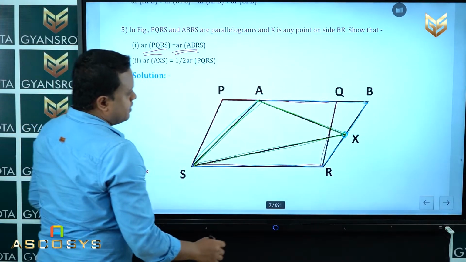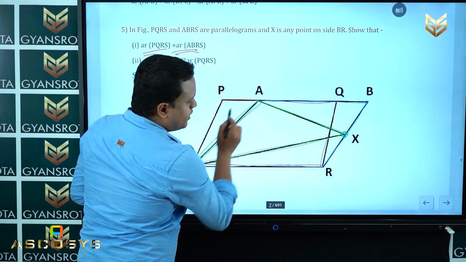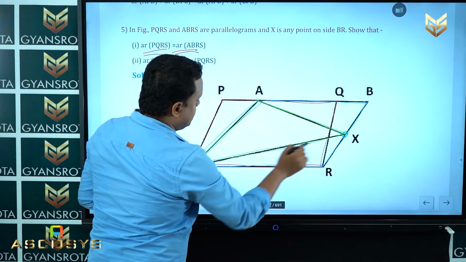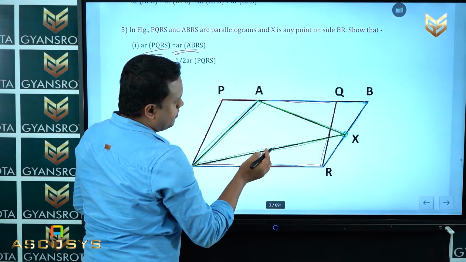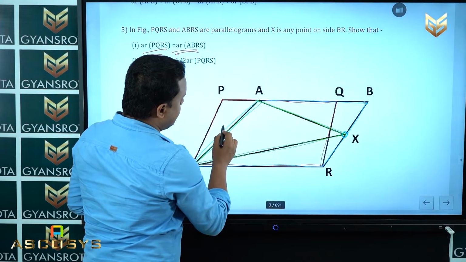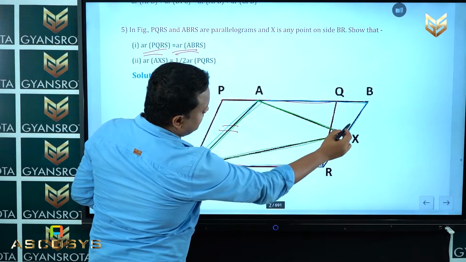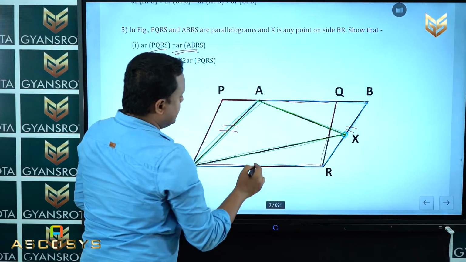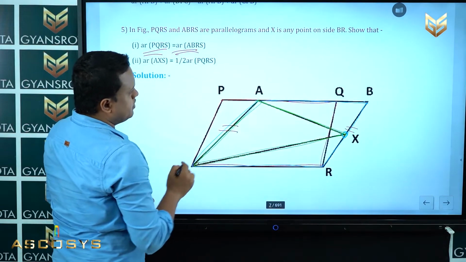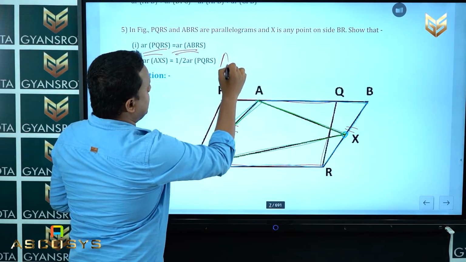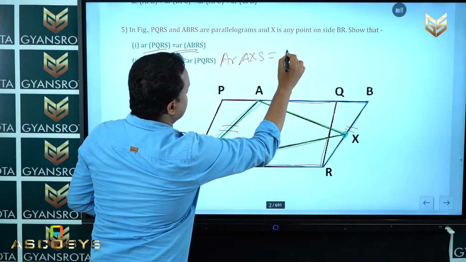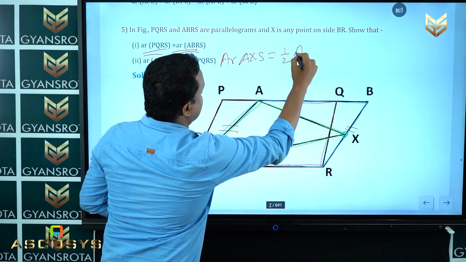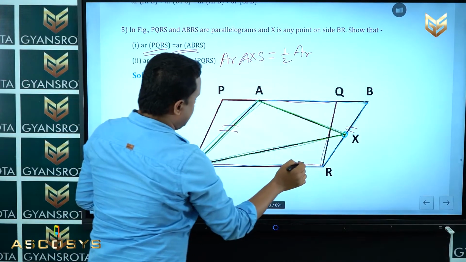We know that the area of a triangle is equal to half of the area of a parallelogram if they are between the same parallels, that is AS and BR, and on the same base, that is AS. So we can write the area of AXS is equal to half of the area of ABRS.